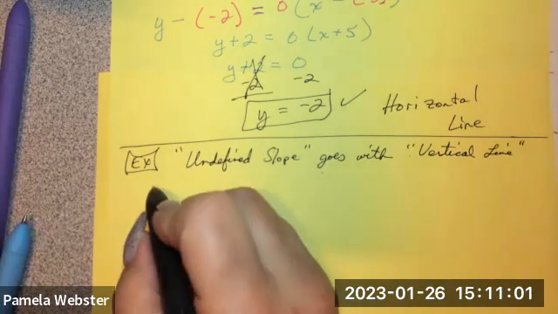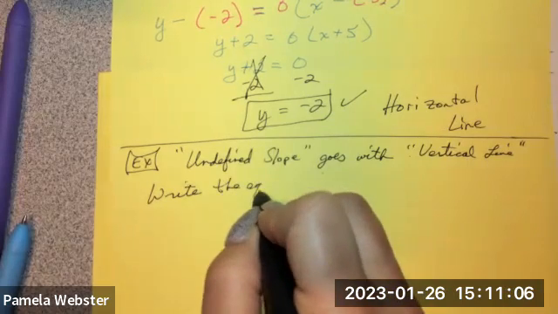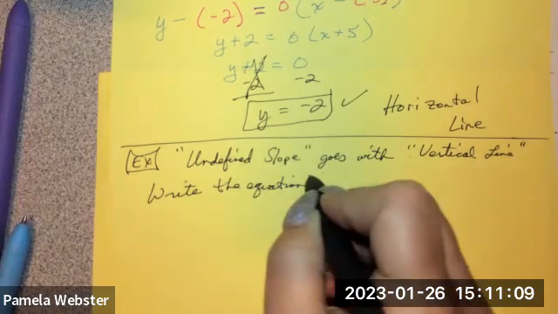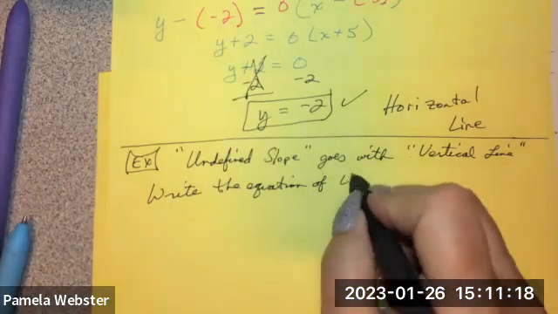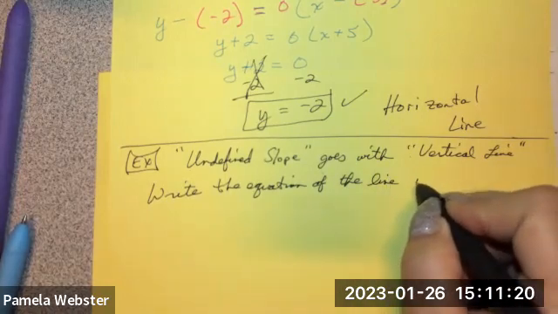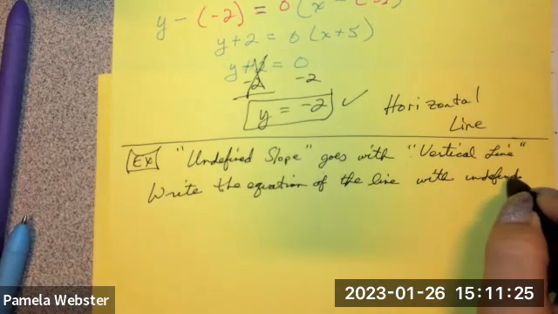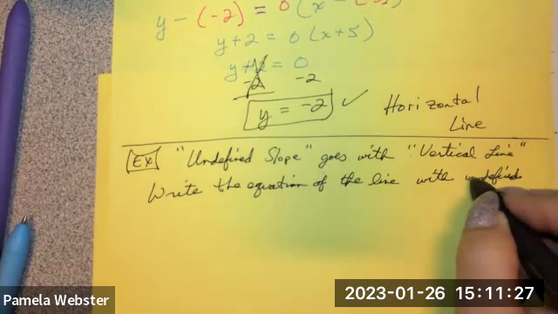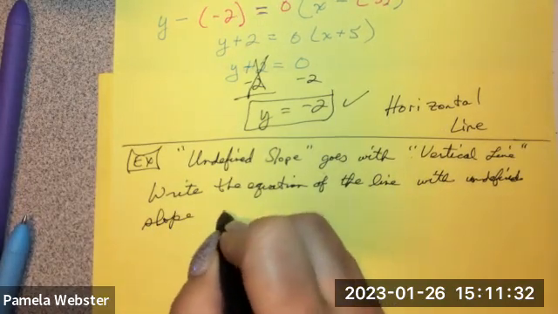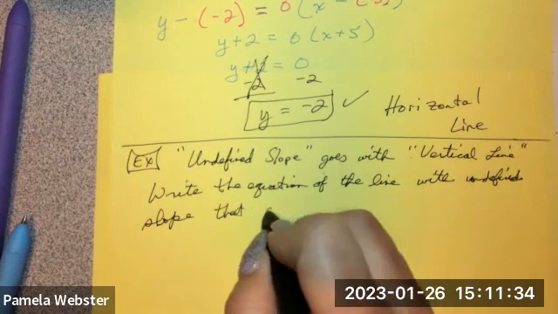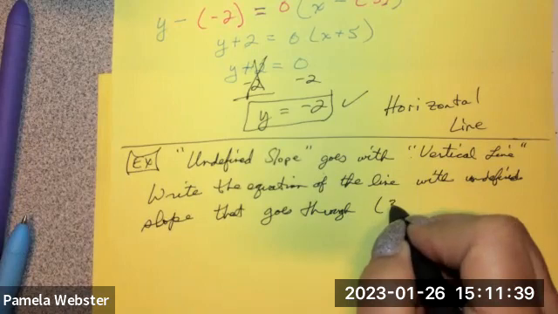So here's the example. Write the equation of the line with undefined slope that goes through -3, -4.